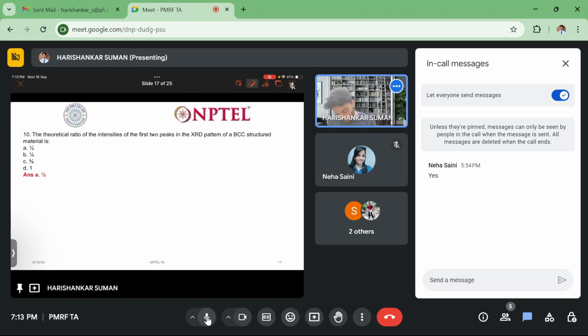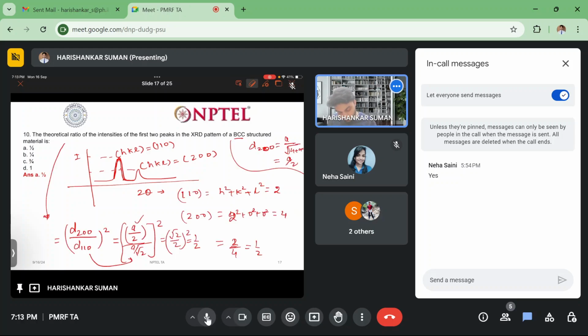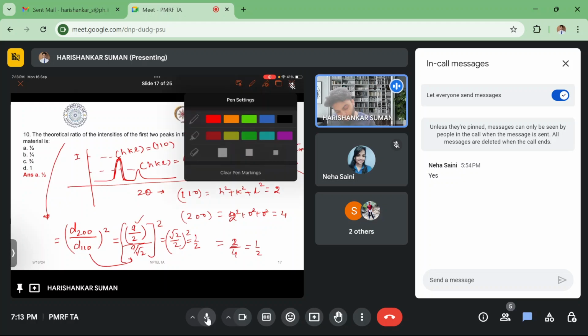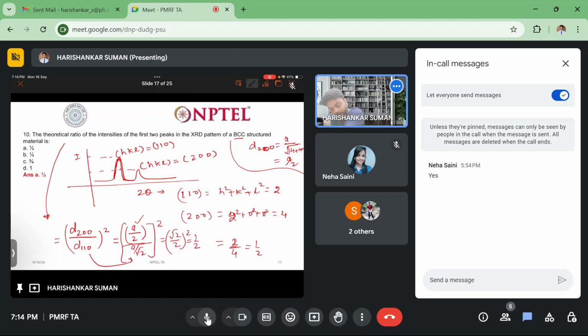For this, let's see. For 110 then 200, we have to take 200 divided by 110, the d spacing squared. We can find d for 200 and similarly for 110.